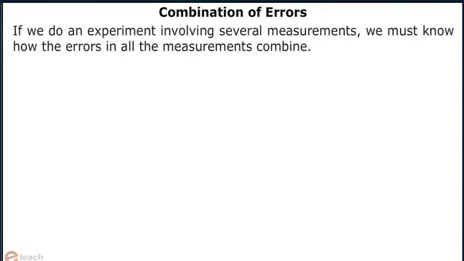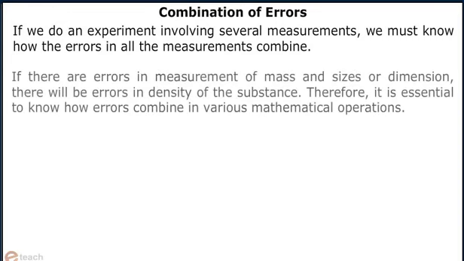Combination of errors. If we do an experiment involving several measurements, we must know how the errors in all the measurements combine. If there are errors in measurement of mass and sizes or dimension, there will be errors in density of the substance.